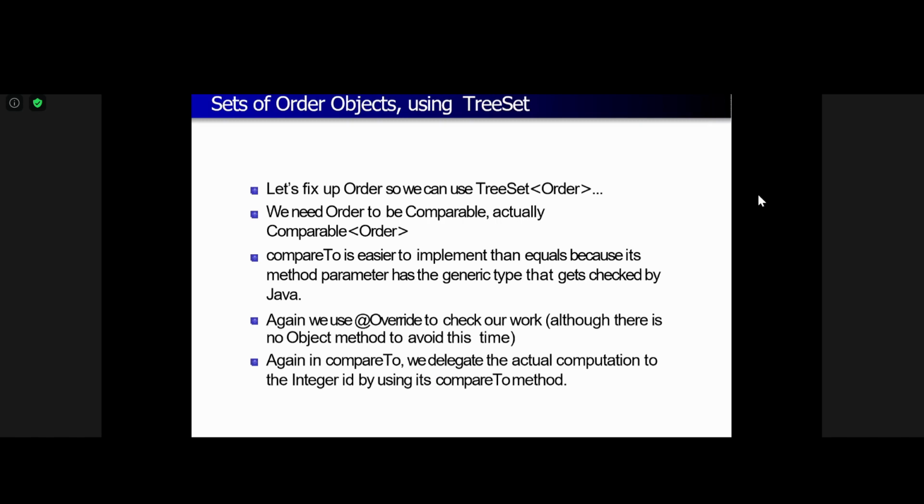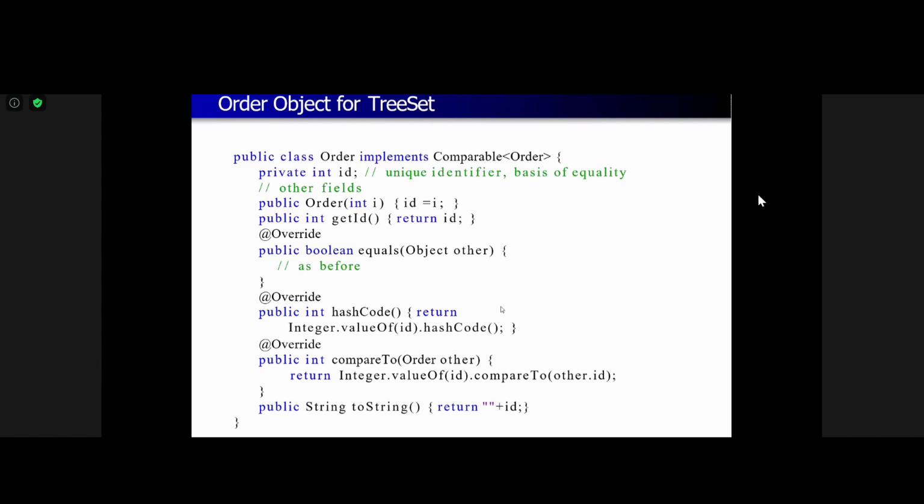But as usual, we would like to use @Override to make the compiler check that we've actually overridden the Object method. And we're going to use that other trick too, that we can delegate the comparing based on the integer ID compare.